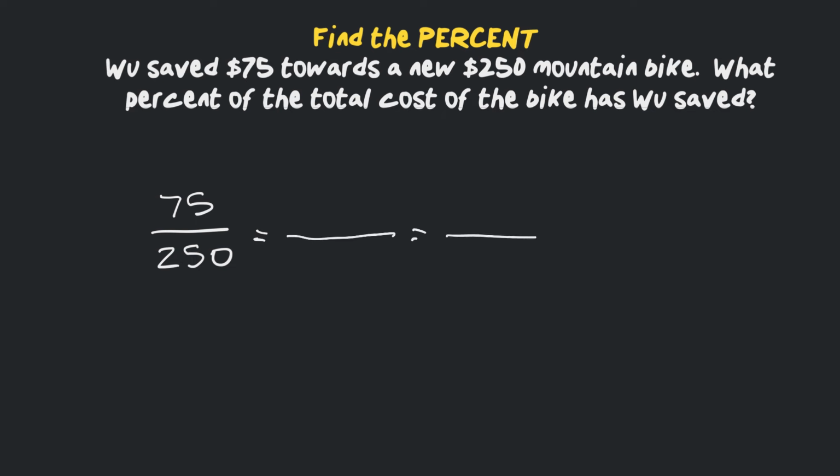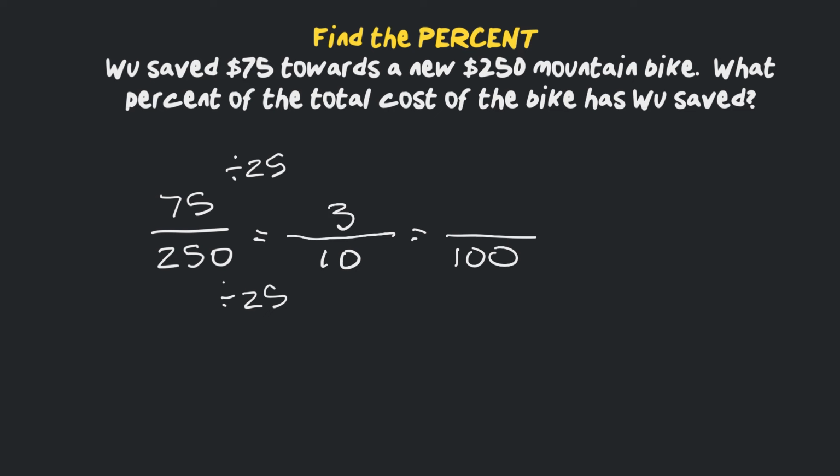I'll go ahead and set up a third one. You could just divide by something to get from 250 to 100. Maybe if we divide by 25 on both of them, we'll see that may get us our answer. 75 divided by 25 is 3, and 250 divided by 25 is 10.